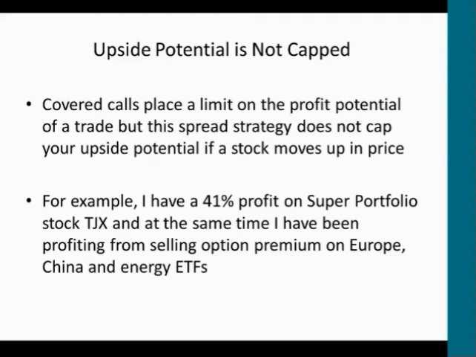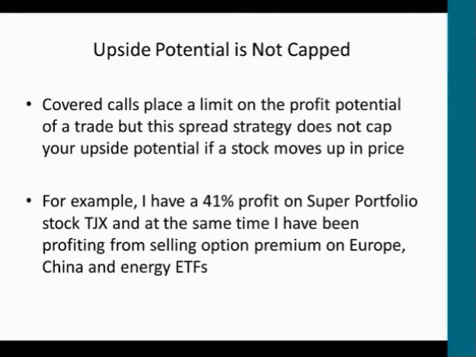So let's look at an example of an actual super portfolio stock that I have. This is TJ Maxx, and I have a 41% profit on my TJX stock, and at the same time, I've been profiting from selling call options on the Europe, China, and energy ETFs.